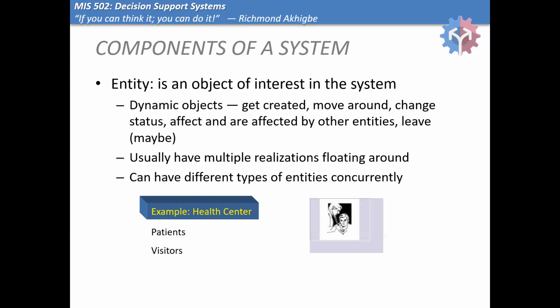Now, here I would like to throw more clarity into your mind when we say entities. When you say patients, is this sufficient when it comes to healthcare? Or let's think of an ER.